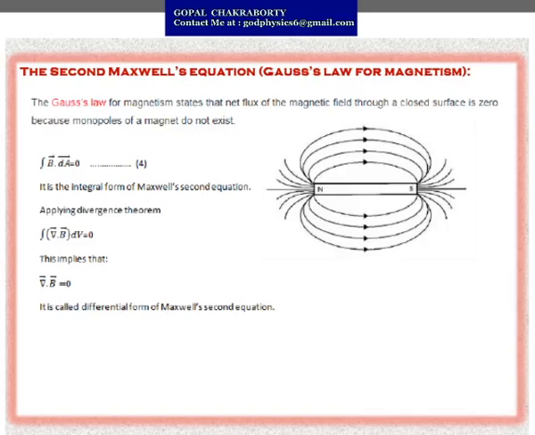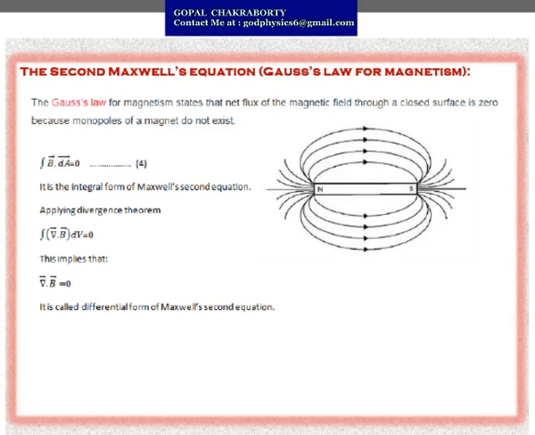As I have told you, Gauss's law for magnetism states that the net flux of magnetic field through a closed surface is 0, because monopoles of magnets do not exist. From that concept we can write the surface integral B dot dA equals 0. This is the integral form of Maxwell's second equation.